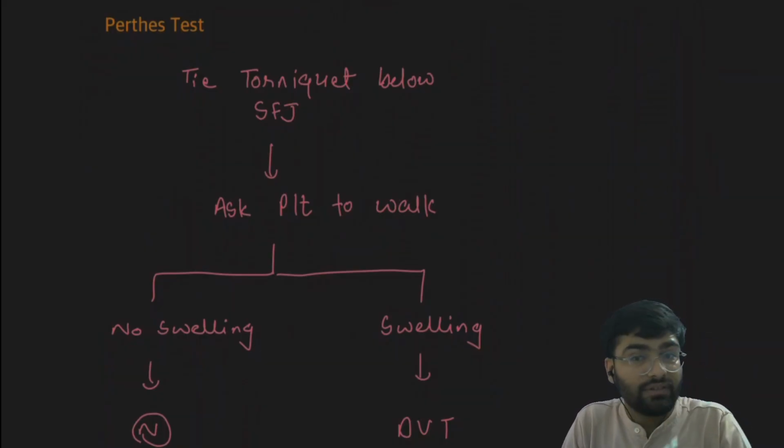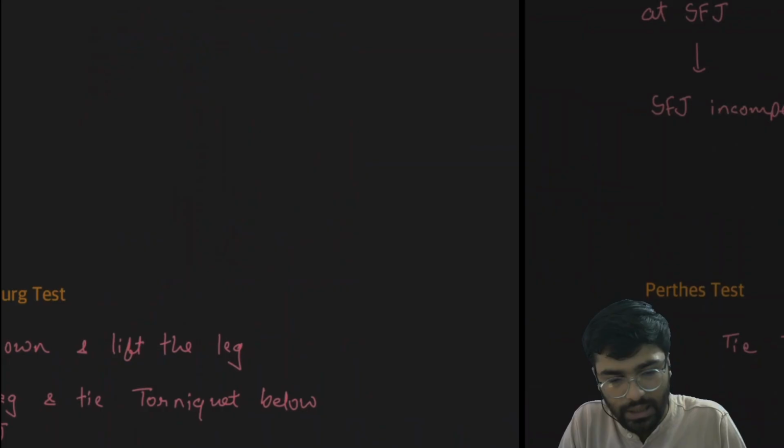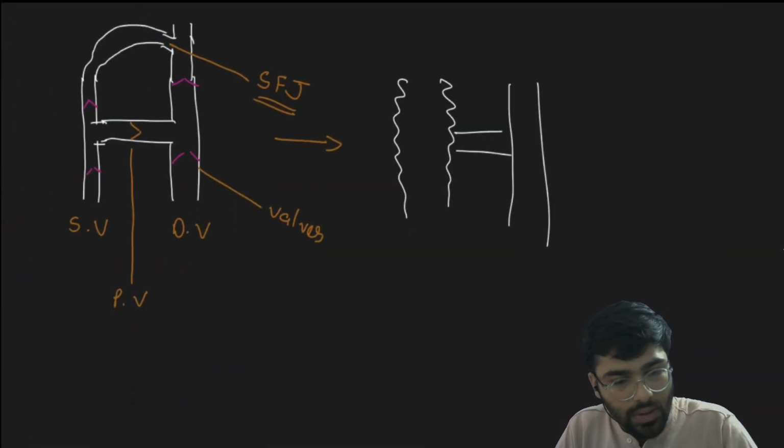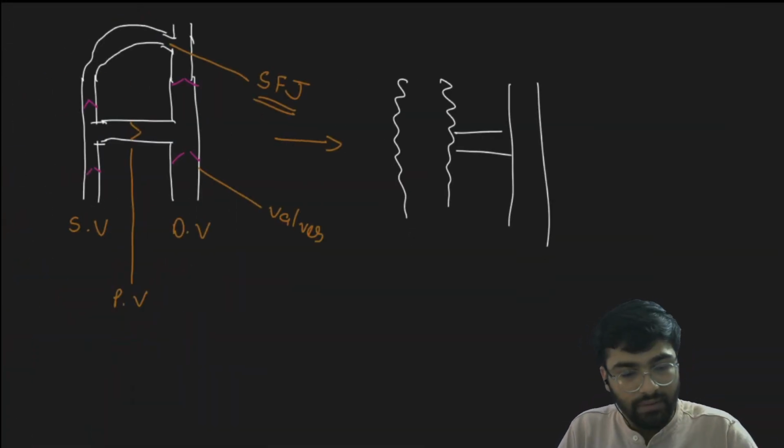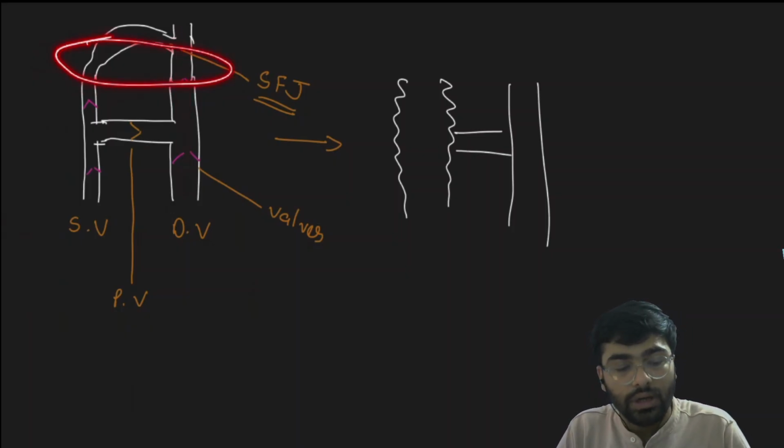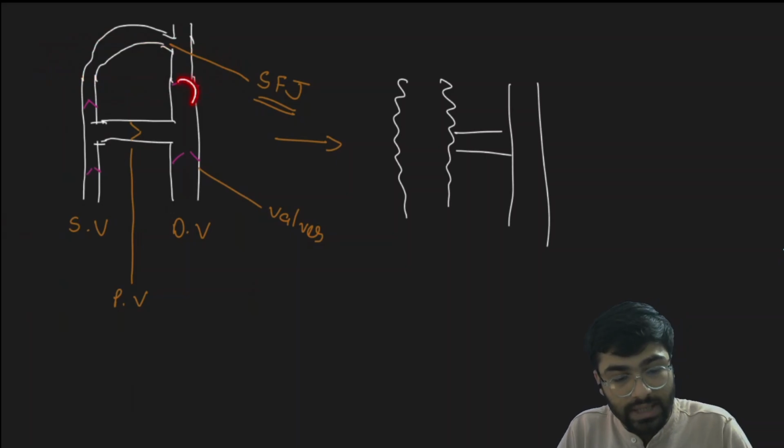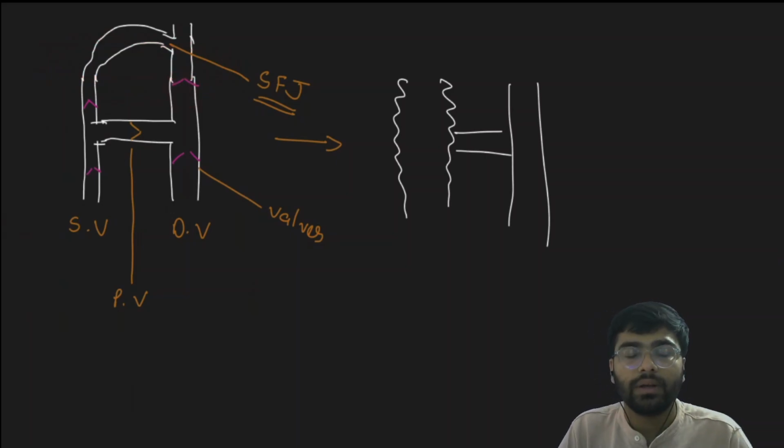But what if there is a blockage in the deep vein? Let me tell you. Now, for us, even if we tie a tourniquet, the blood is going to go up. No problem. Now, what if you tie a tourniquet and also there is a blockage in the deep vein? That means blood will not go up.